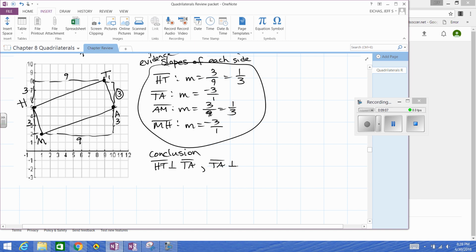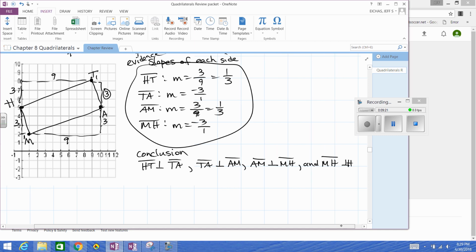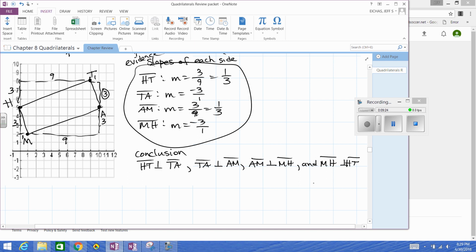TA perpendicular to AM, AM perpendicular to MH, and MH perpendicular to HT. Why? That is because their slopes are negative reciprocals.